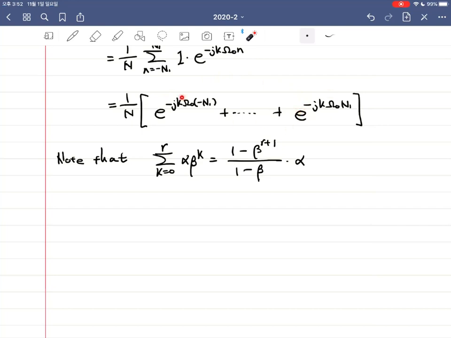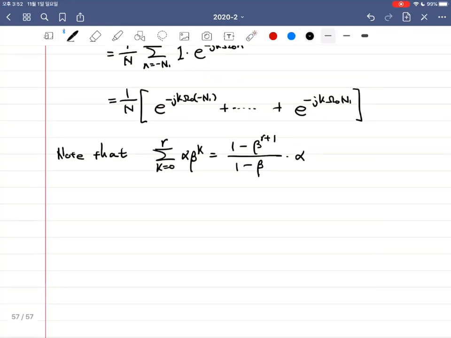Okay, so I'm just going to deal with this bracket here, inside the parenthesis. So if I compare that, since we're starting with 0 for k, the first value should be alpha itself, right? So alpha should be e to the jk omega 0 n1. And what is beta?